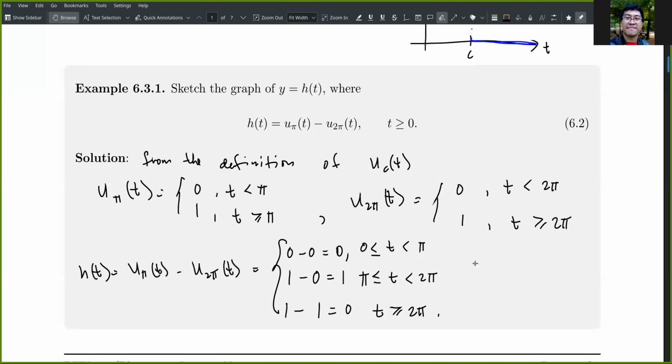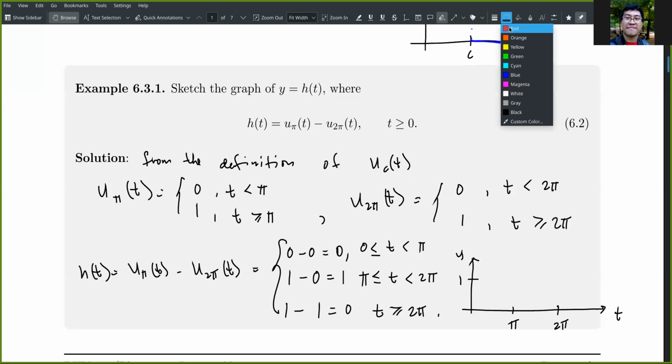In that case, our goal is to sketch this. Suppose this is 1 here, and this is t. You have pi and 2 pi. From 0 to pi, that would be 0.